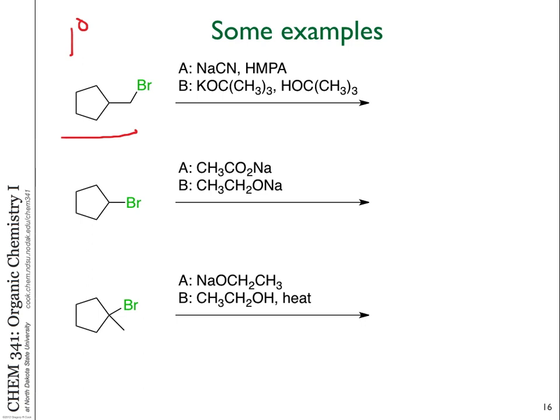Here are two conditions which should give you almost exclusively one major pathway. The major pathway in conditions A, sodium cyanide and this aprotic solvent hexamethylphosphorous triamide. What do you think is going to happen?